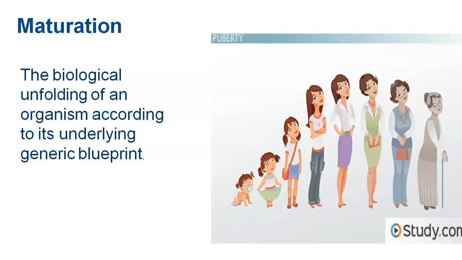So when we talk about prenatal development and developmental psychology, we're looking at, a lot of the times, maturation. And this is the first thing that you will need to know for the exam. Maturation is the biological unfolding of an organism according to its underlying genetic blueprint.